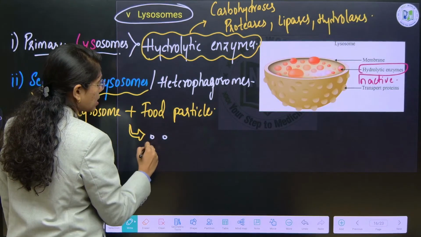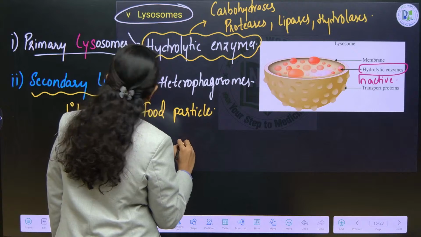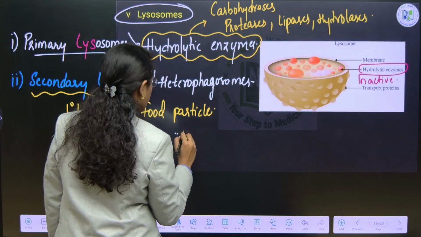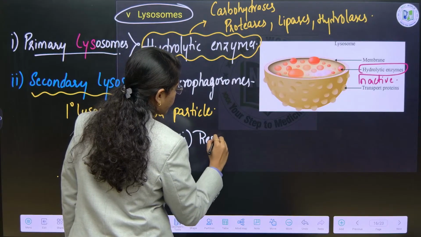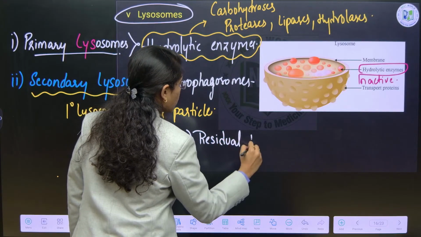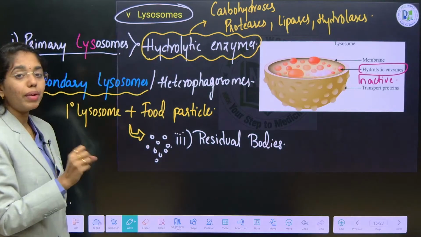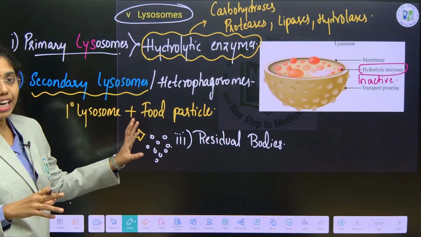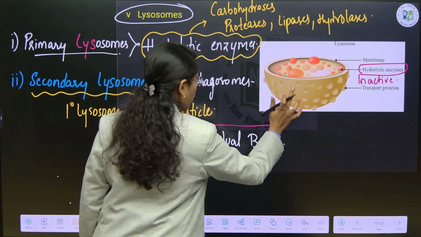These are addressed as what? Residual bodies. So the third is residual bodies. After digestion, a few particles will be sent out of the cell. These are known as what? Residual bodies.